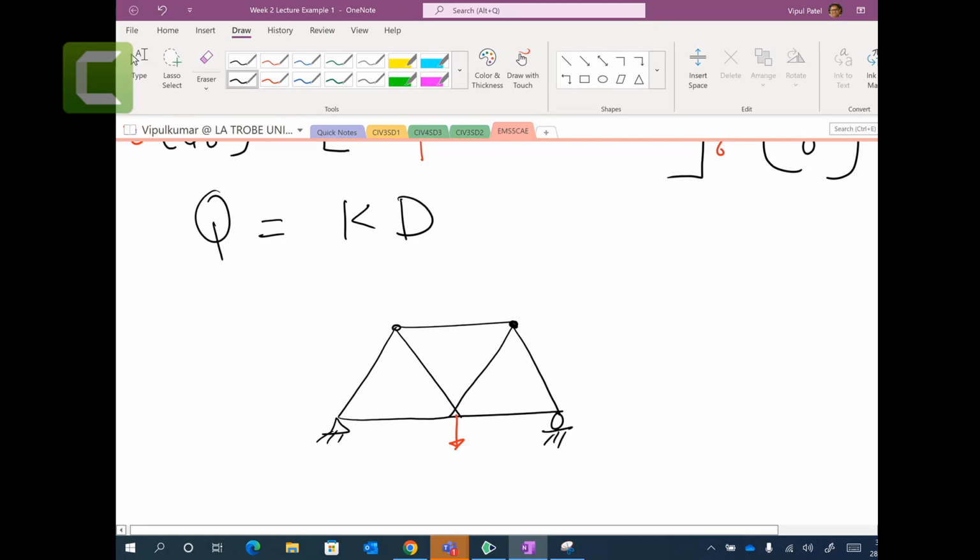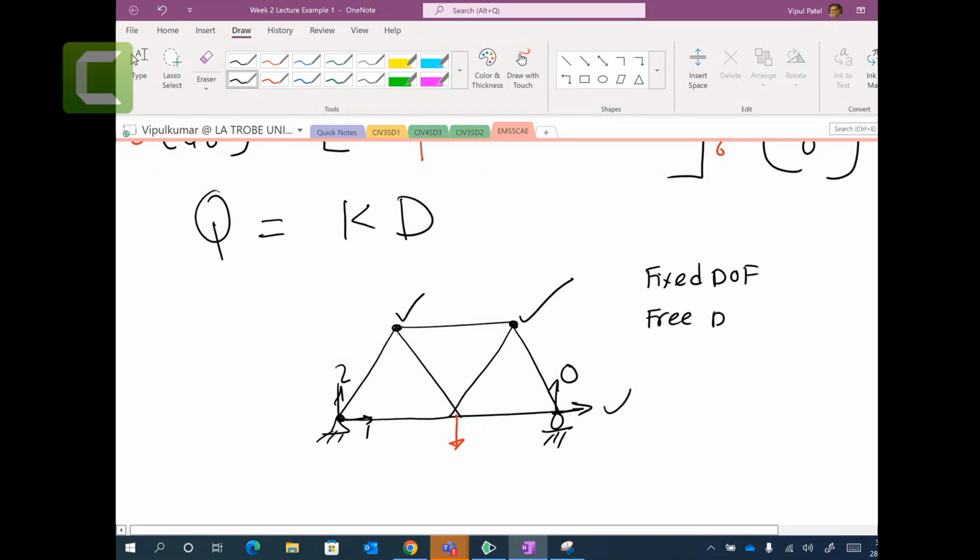So you might have displacements here and here as well, which are not 0. Only displacements 1 and 2 are 0. The displacement in these directions is 0 here, and the others are not 0.